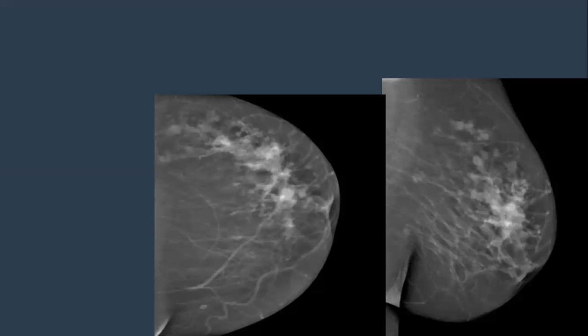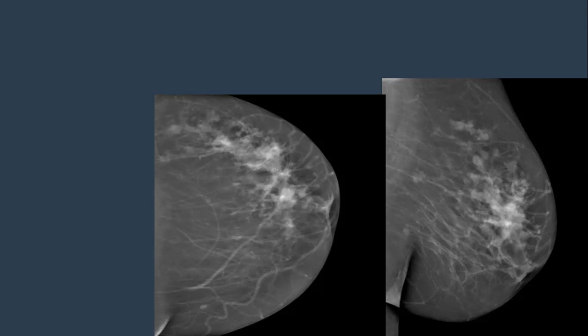Is it in the upper lateral? Yes, upper outer left breast. Okay. Architectural distortion associated with nipple retraction. That is it.